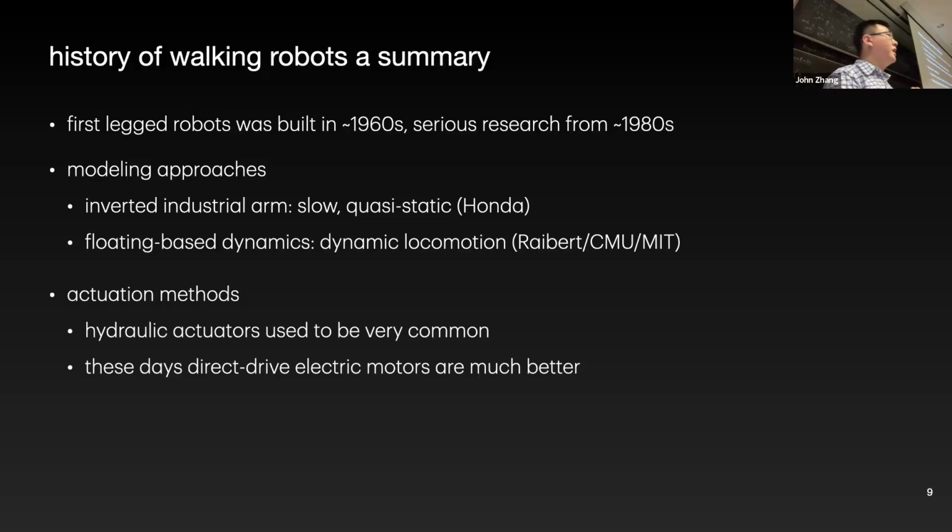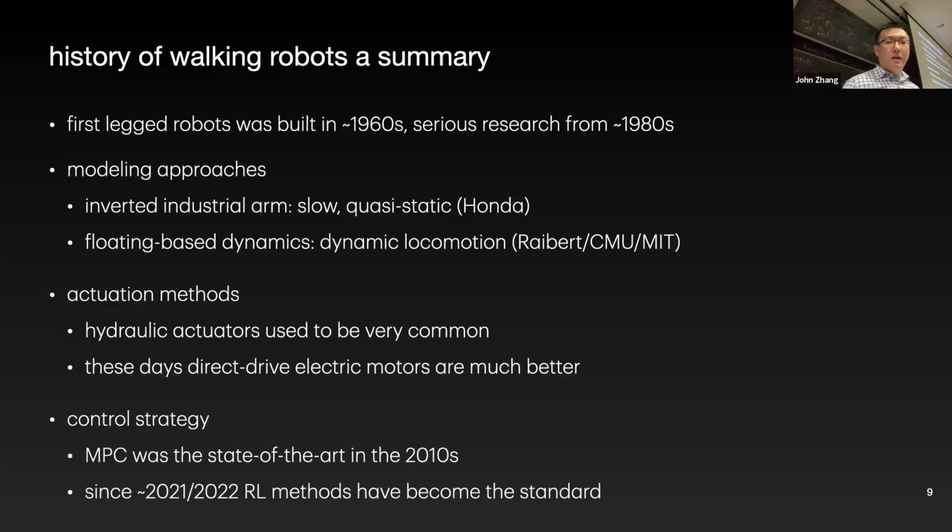In terms of actuation, 10 years ago if you wanted high-performance actuators, you typically had to use hydraulic actuation, which is super nonlinear and hard to model. These days, direct-drive electric motors are very cheap to manufacture and easy to model, so that's the standard.